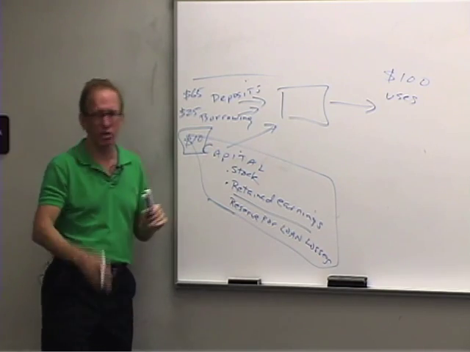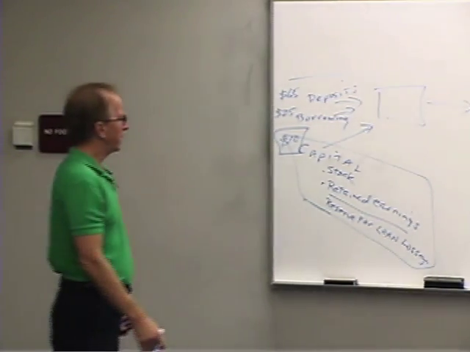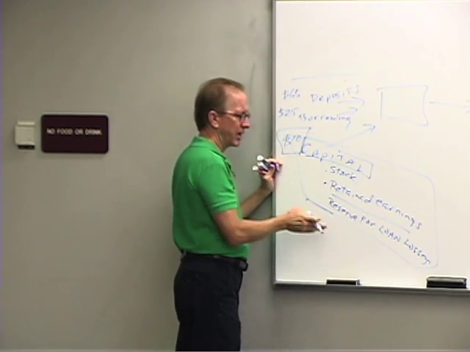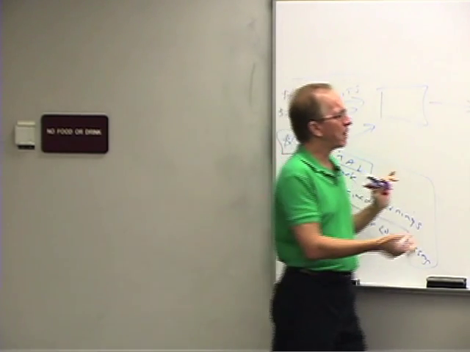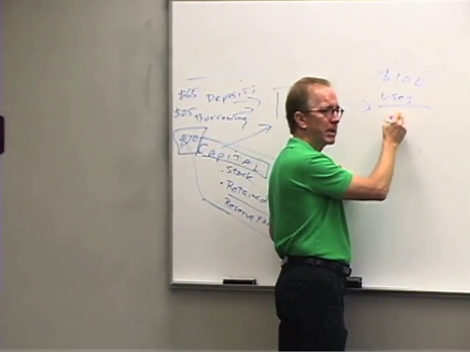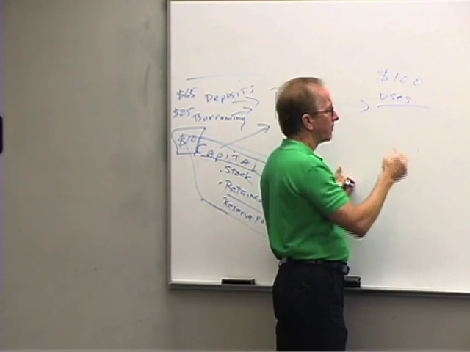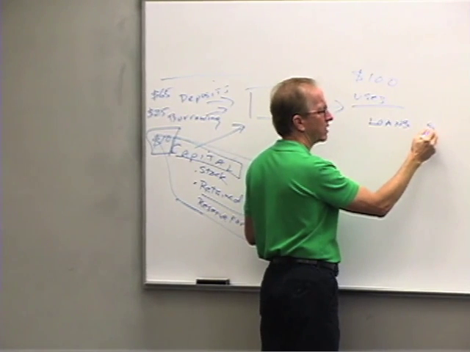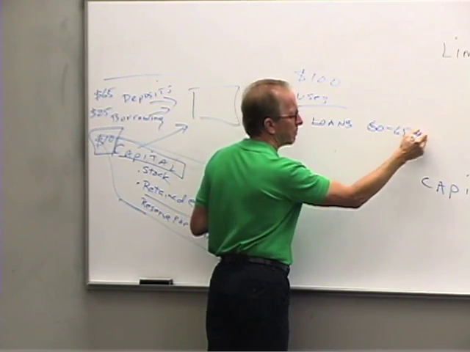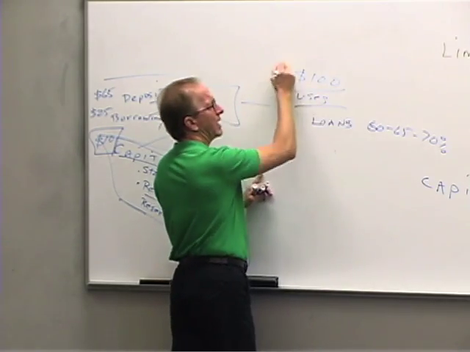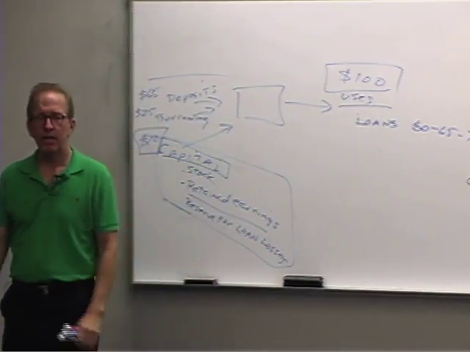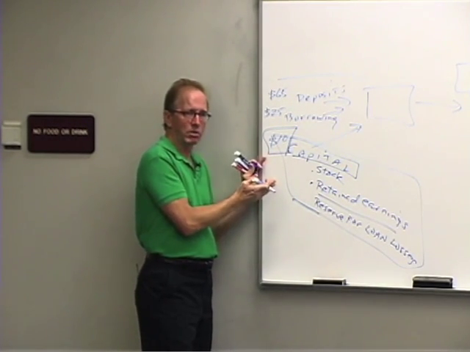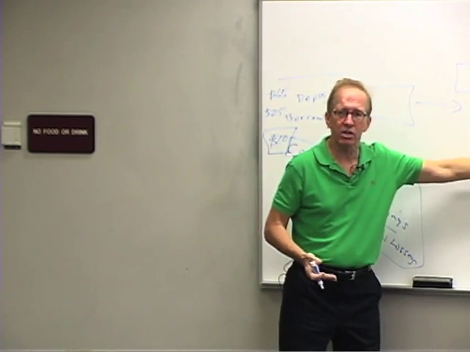But we don't say to bankers just keep 10% capital to assets, because the amount of capital they need to keep as a reserve is partly dependent on what kind of loans they make over here. Their largest use of funds is loans. This is around 60 to 65, some banks 70% of total assets. And so what we say to bankers is the amount of capital you have to hold on to depends on the riskiness of these assets.